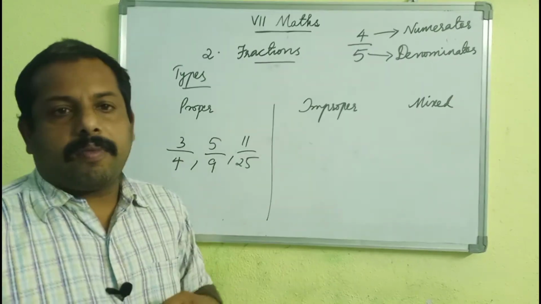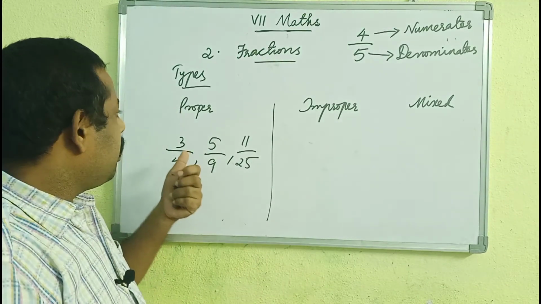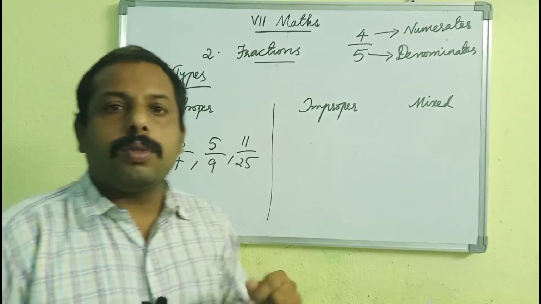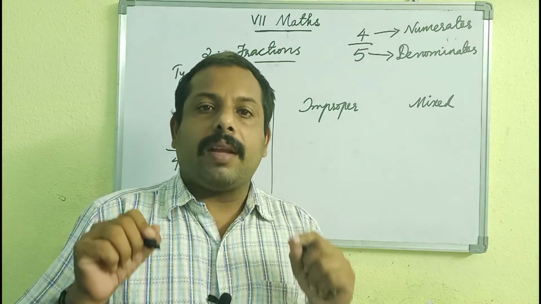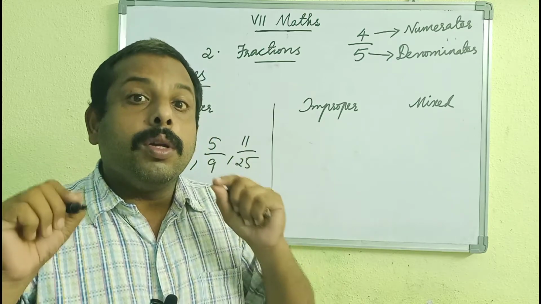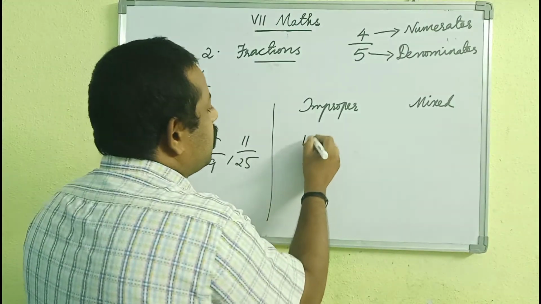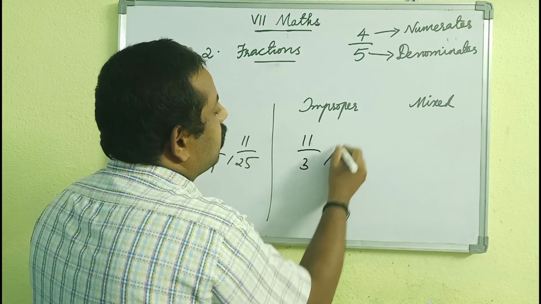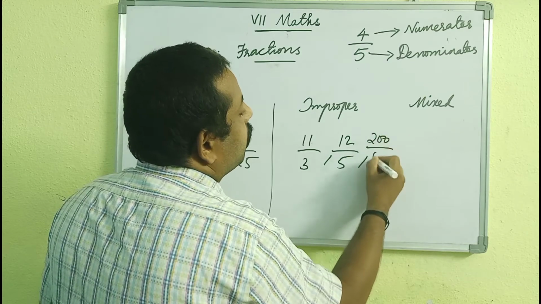Then improper fractions. A proper fraction is a fraction whose numerator is smaller than the denominator; an improper fraction is a fraction whose numerator is greater than the denominator. Examples: 11 by 3, 12 by 5, 200 by 197.